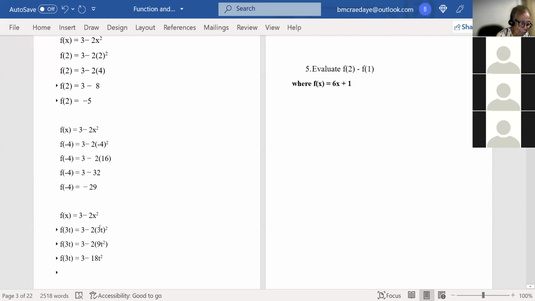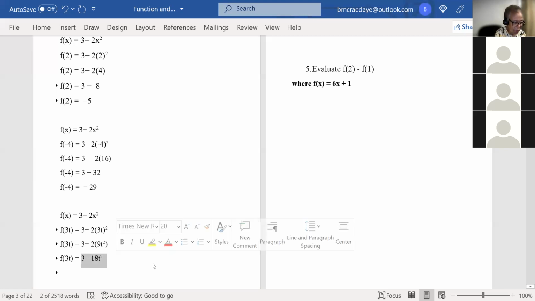And X is squared, so 3T will be squared. That means you square the coefficient, you square the variable. 3 times 3 is 9. T times T is T squared. And then of course you've got a 2 in front of it, multiply it. 2 times 9 is 18. So it'd be 18T squared. And so your answer would be 3 minus 18T squared. That would be your answer.